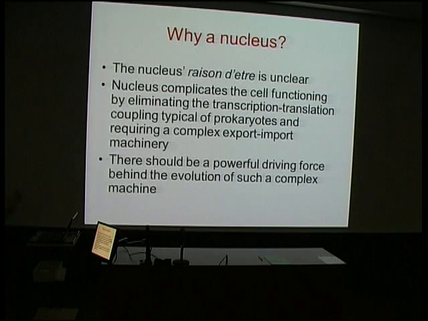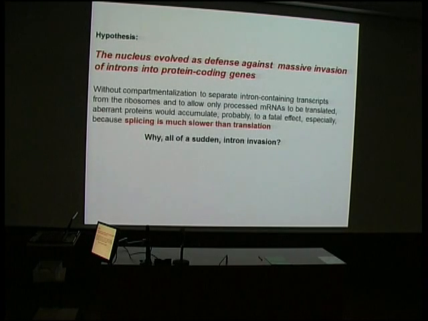And on top of that, the emergence of the nucleus not only disrupts this coupling, but also requires a complex export-import machinery for mRNAs and proteins. So one would strongly suspect that there would be a powerful driving force behind the evolution of such a complex machine as the eukaryotic nucleus.